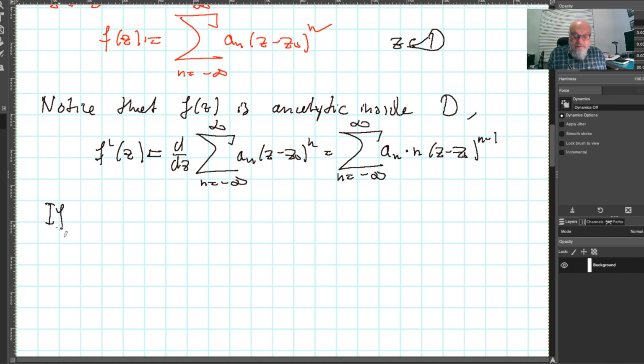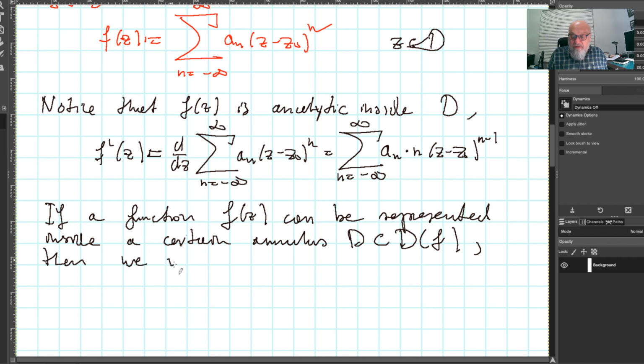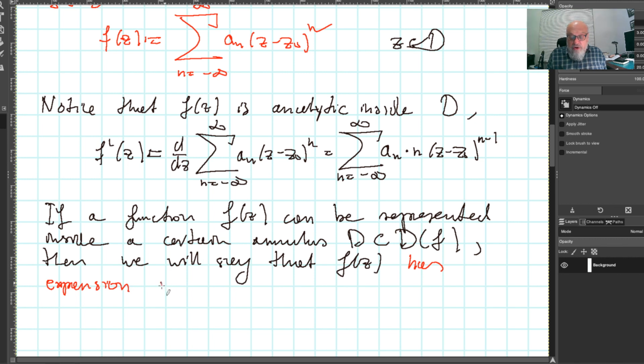So in a certain way, if a function f of z can be represented inside a certain annulus D contained in the domain of the definition of f, then we will say that f of z has an expansion into a Laurent series in D, centered at z0.